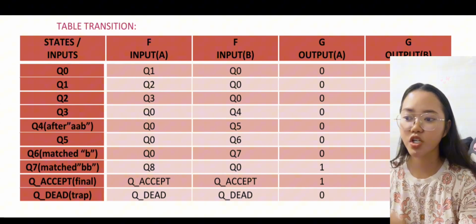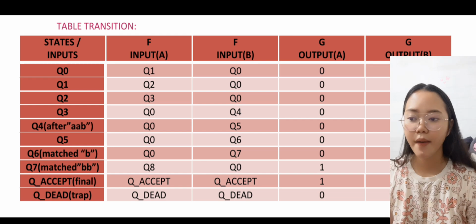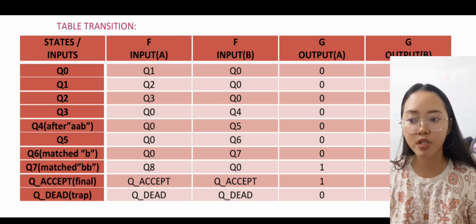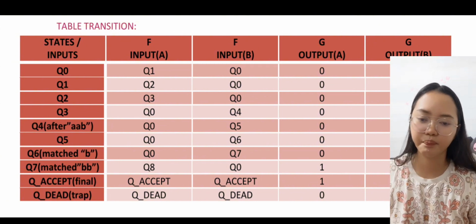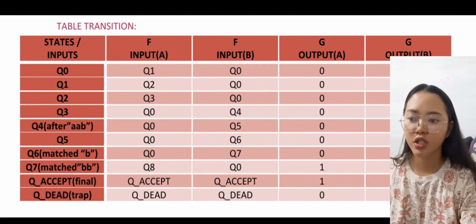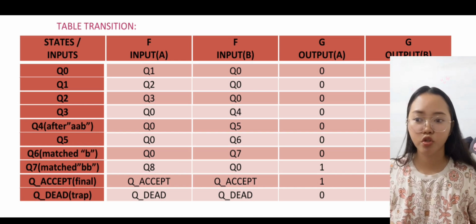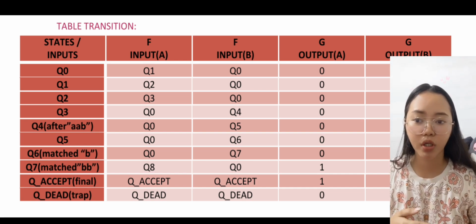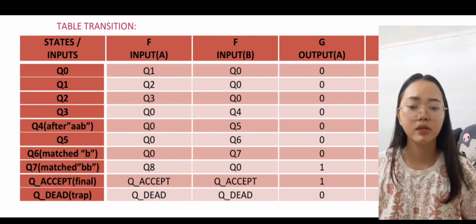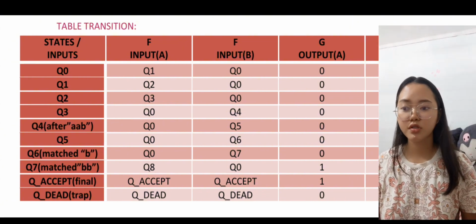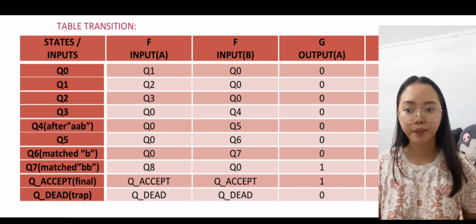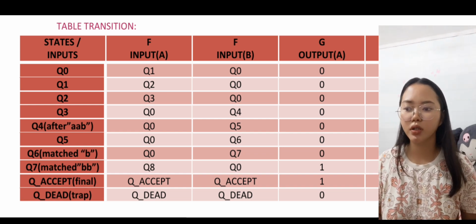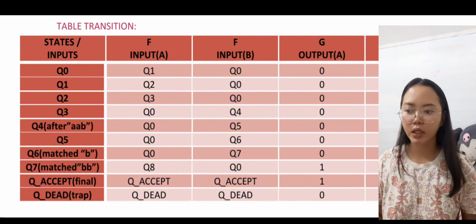Once we match AAAA and BBA, we transition to Q7, and then finally to Q accept. Q7 and Q accept are the same. If any wrong sequence is encountered, the automaton goes to a dead state called Q-dead, where no more accepting is possible. So here's the diagram.